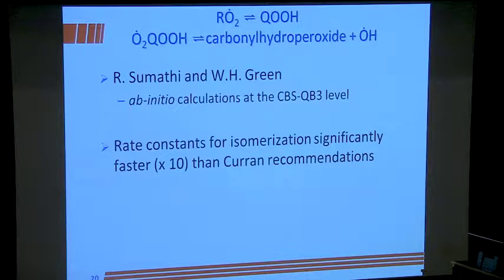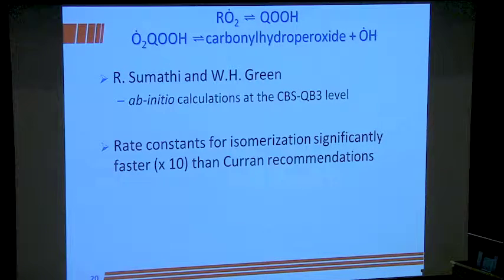Also, then I was aware that there were calculations. So Villano and Green and Miyoshi and these guys, I'll be talking about them in a minute, they weren't the first people that ever did ab initio calculations on RO2 to QOH isomerizations and so on. There were other ones performed before that. So Samanthi and Green published some ab initio calculations, CBS-QB3 level of theory. Okay?